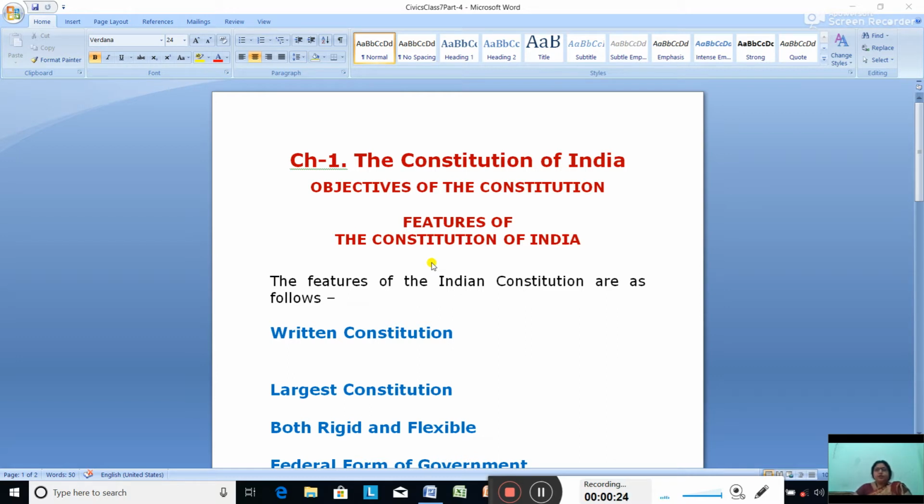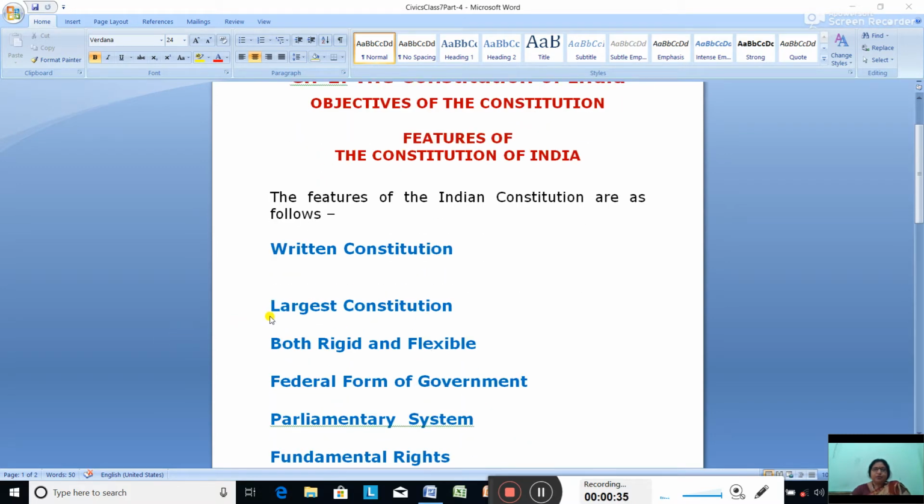So if the question is only what are the features of the constitution of India, then you see, our constitution is a written constitution. Our constitution is the largest constitution. It is both flexible and rigid. It is federal. It has got a federal form of government.